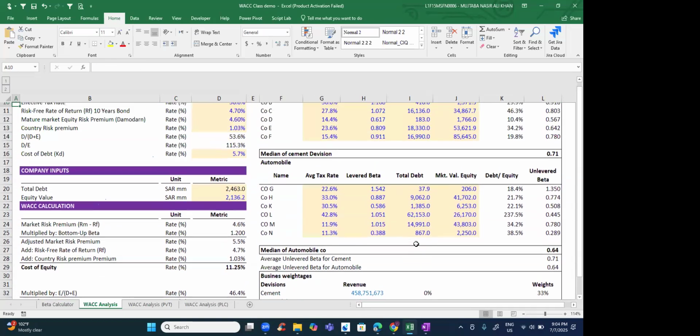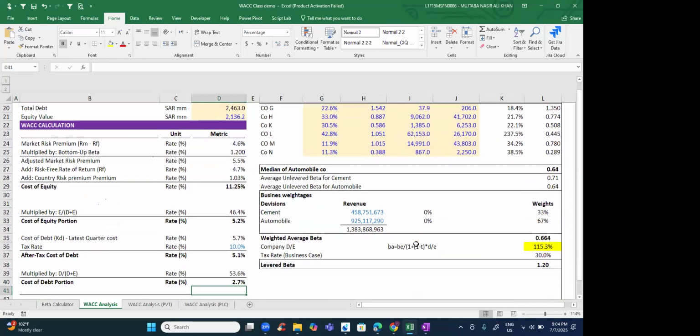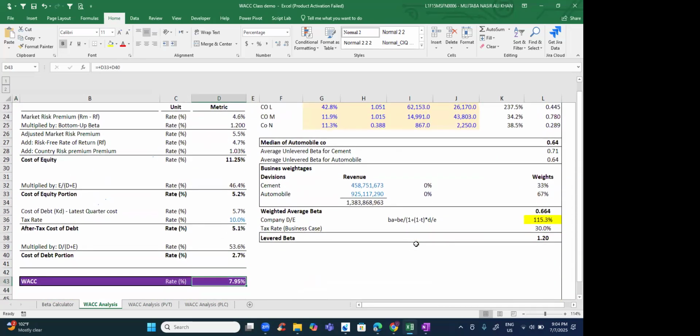We have done the re-levering. Then the same sheet, everything is same. Put all the inputs, you will calculate the WACC. That's how you will calculate the WACC practically.